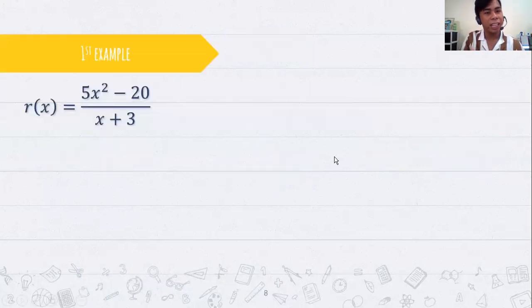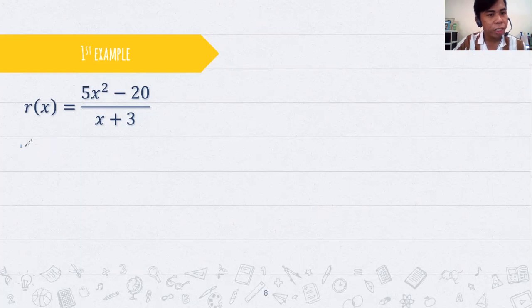We have r of x is equal to 5x squared minus 20 all over x plus 3. So I guess that this function is already simplified, if I'm not mistaken. So to find the x-intercepts and the y-intercepts, we should remember the rules that we have discussed in the earlier slide.